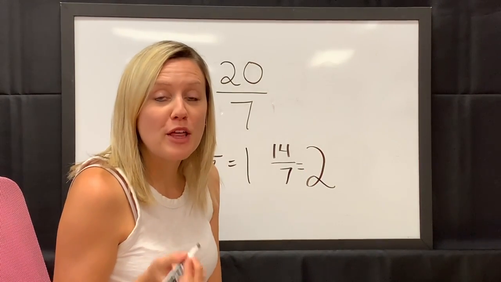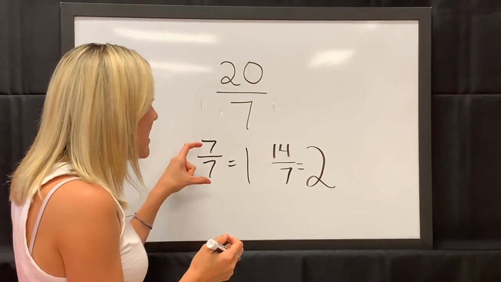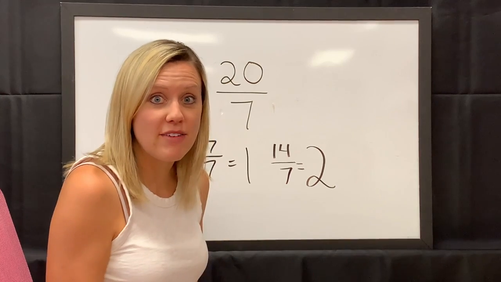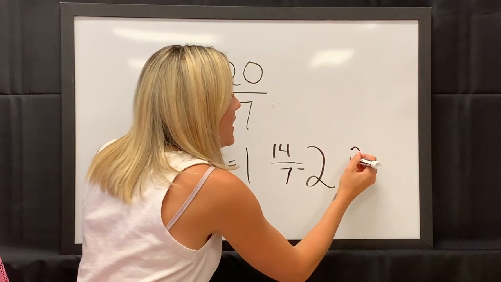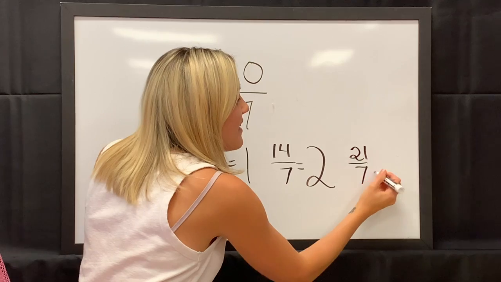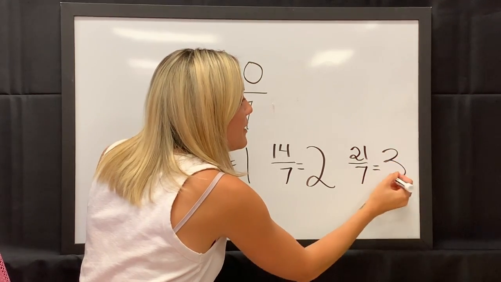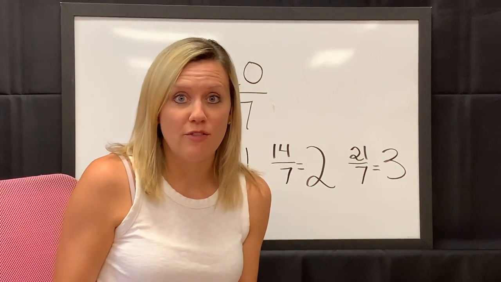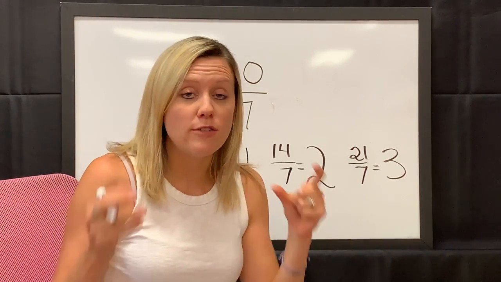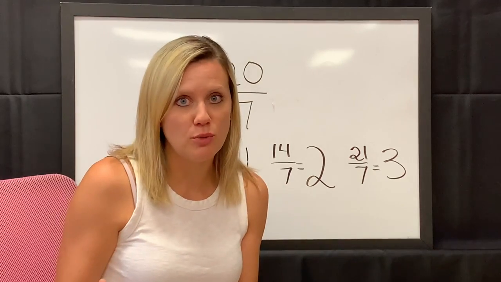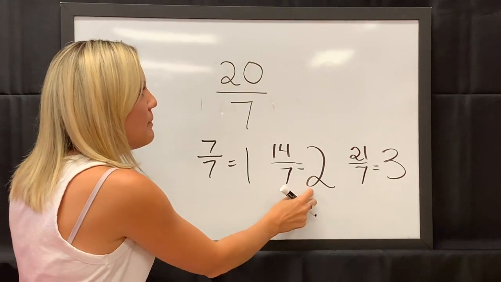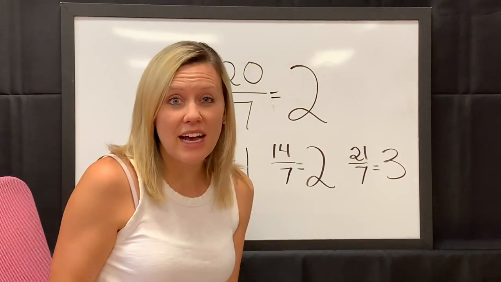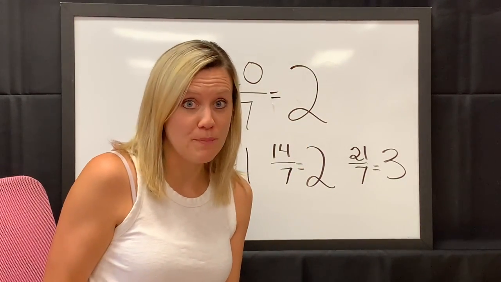What about 3? 7/7 plus another 7/7 plus another 7/7 would give us 21/7, which would be 3. Well, in this number, we don't quite have 3 wholes. We only have 27 sevenths, not 21. So we are able to make 2 wholes, and then we are gonna have some 7ths left over.